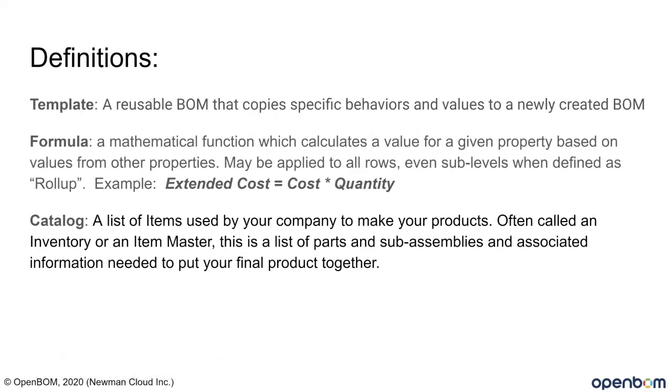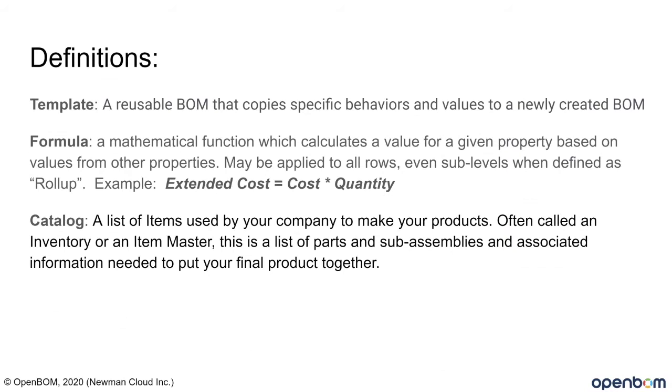Let's hit a couple of definitions real quick. We're going to be talking about templates in OpenBOM. A template is, just as it is in many other applications that you might be familiar with, a tool that is reused when you start a new BOM, and all specific behavior comes along with that template.